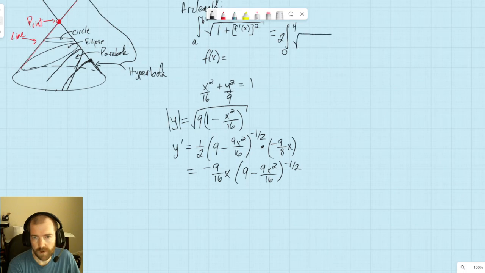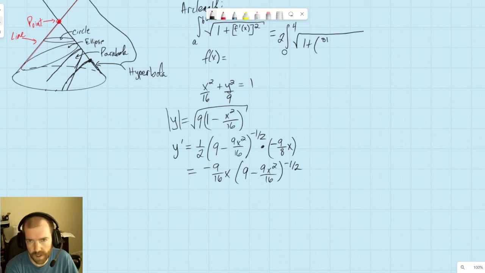All right, square root of 1 plus this stuff squared. It's going to be 81 x squared over 256 times 1 over. This square root is now gone. It's just going to be on the bottom here. 9 minus 9x squared. I'm glad I didn't fiddle around with that.